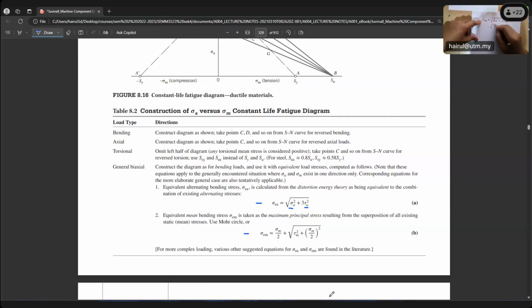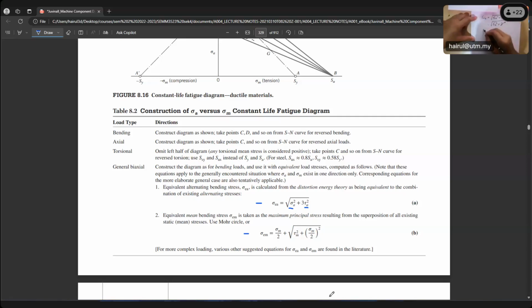When we substitute, we have sigma bending squared plus, for torsional, do we have alternate? No, torsional is 0, because this is the torsional stress tau, and it is 0.